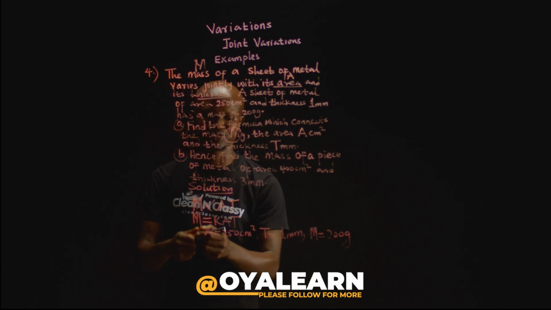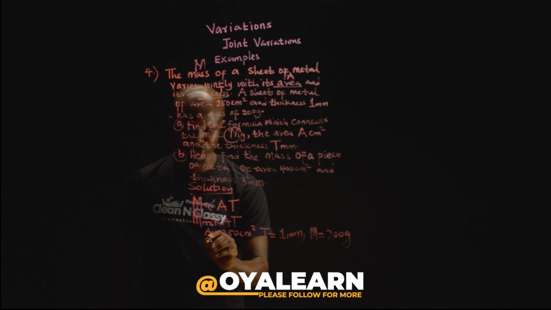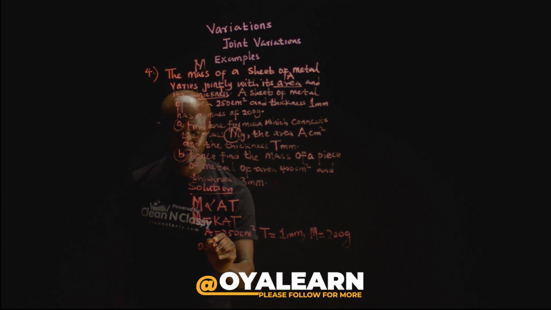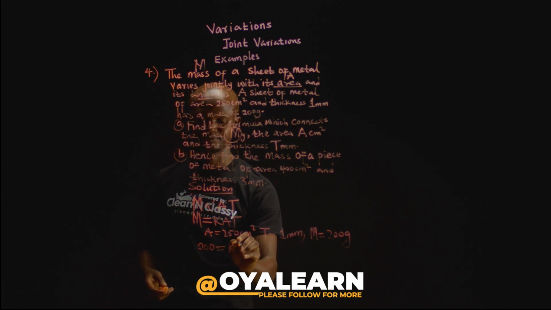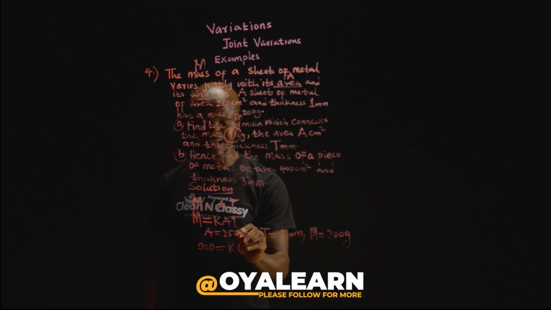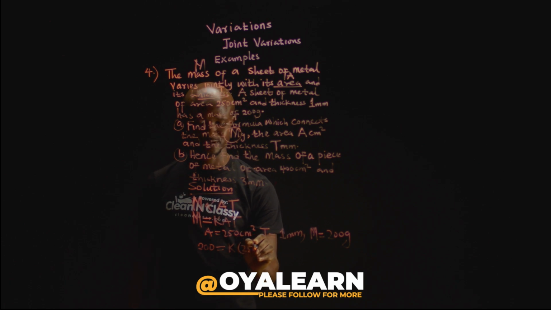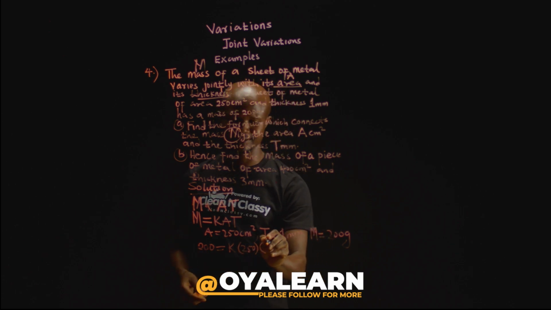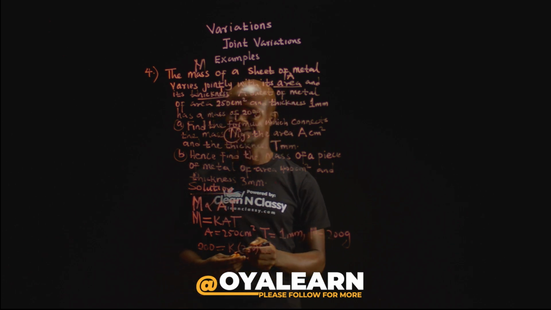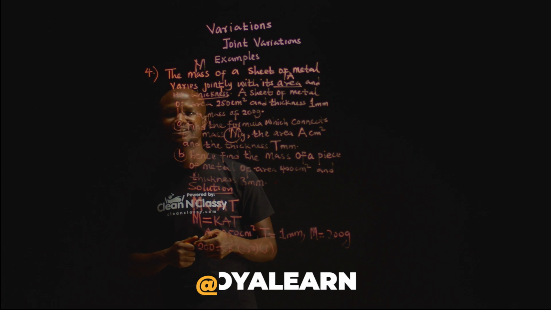So let's substitute. Anywhere we see M, we put 200. We want to find K from here. A is 250, and T is 1. So in this case, we need to find K.